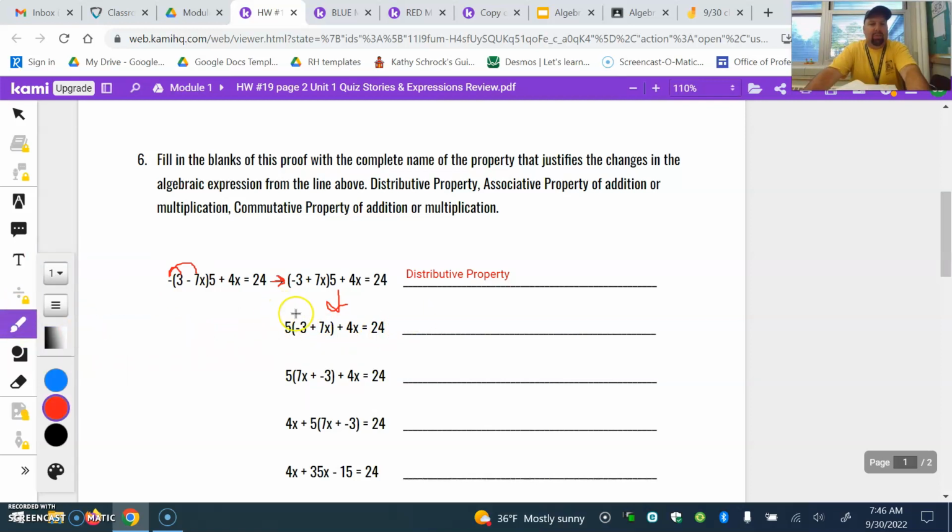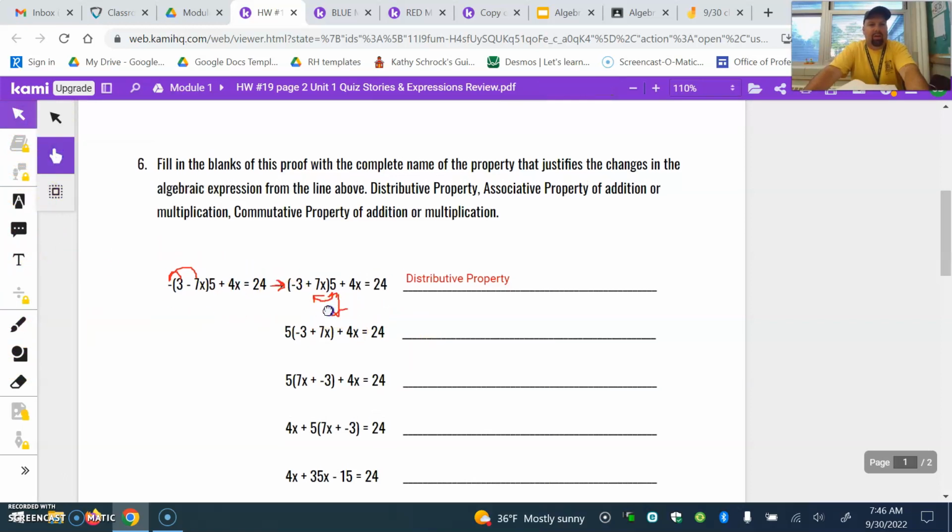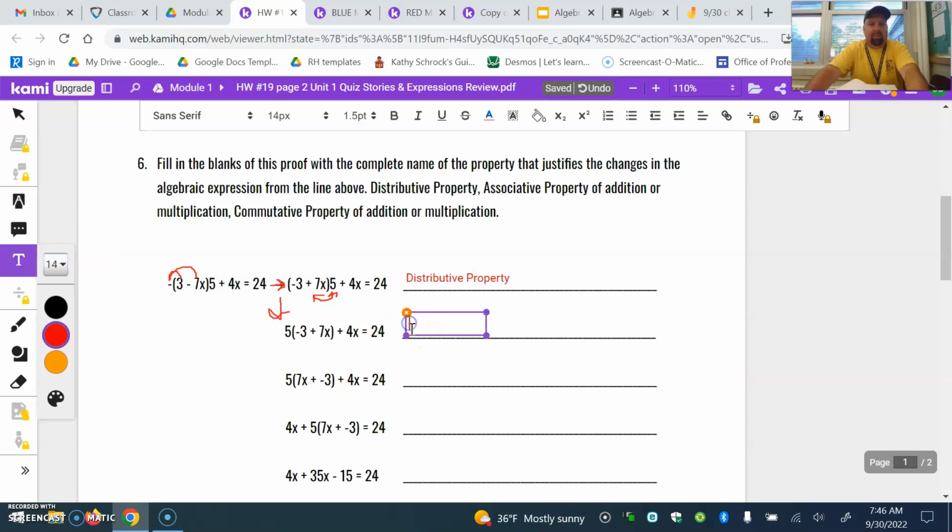So let me show with a little arrow here that what we're doing is switching those. I wonder if I can grab this and move it over. Oh, that's not working. There we go. Put the arrow there. Get it out of the way. All right, now I can type in my answer.